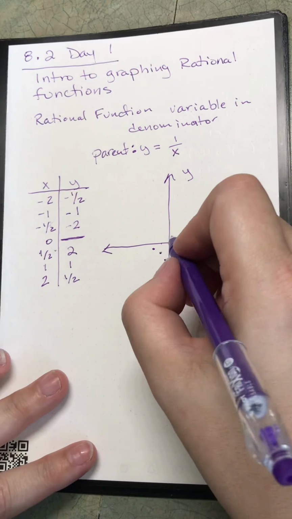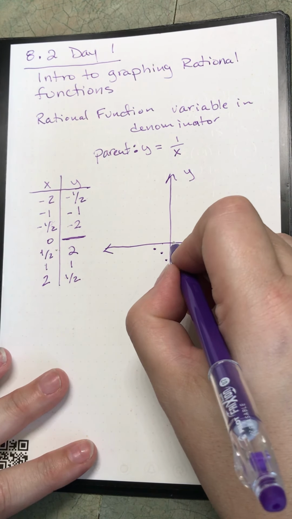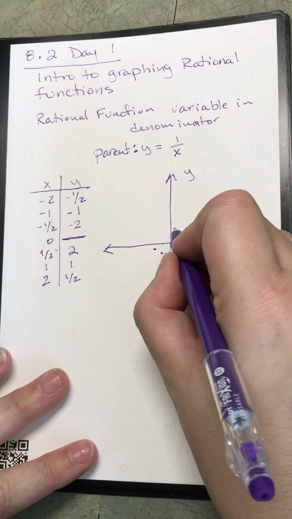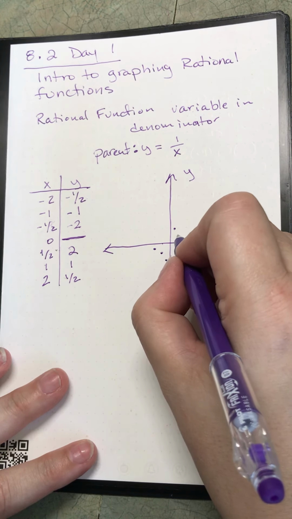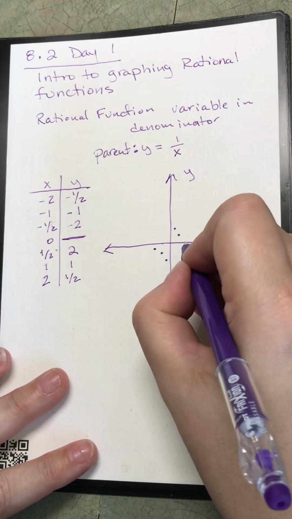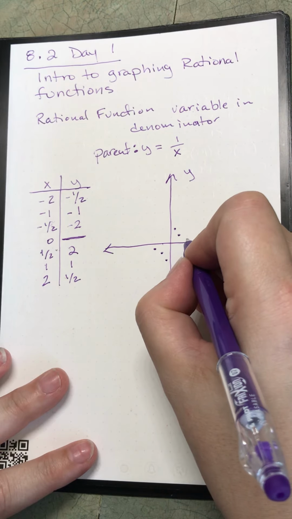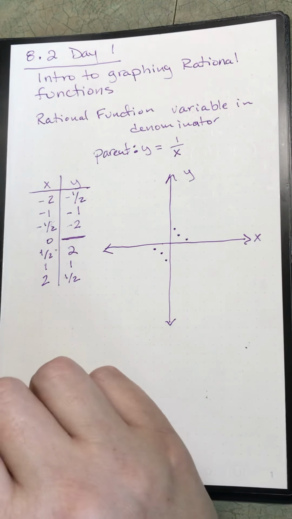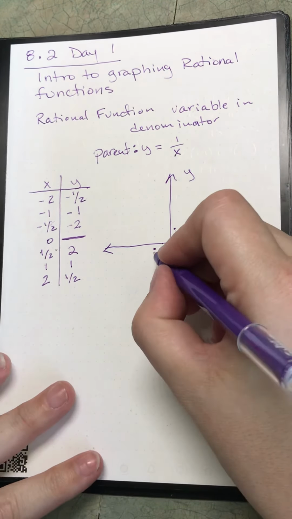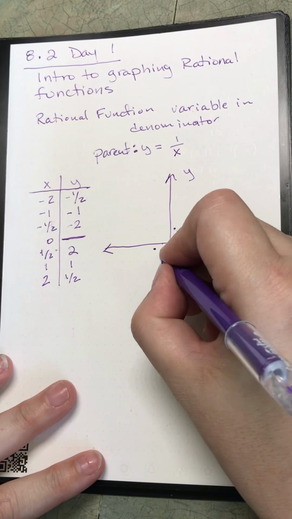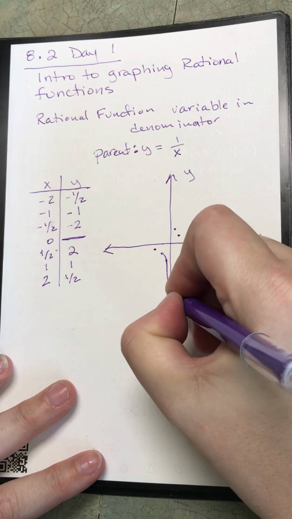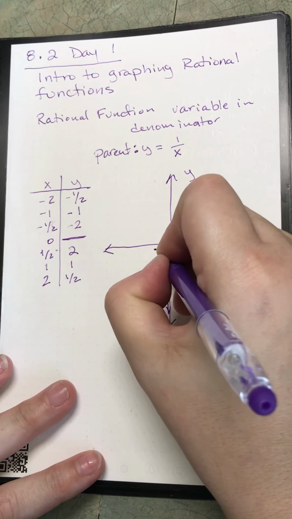And then I have this point over here at 1/2, 2, at 1, 1, and at 2, 1/2. So what ends up happening, if we were to continue this, we get this shape that goes like this.